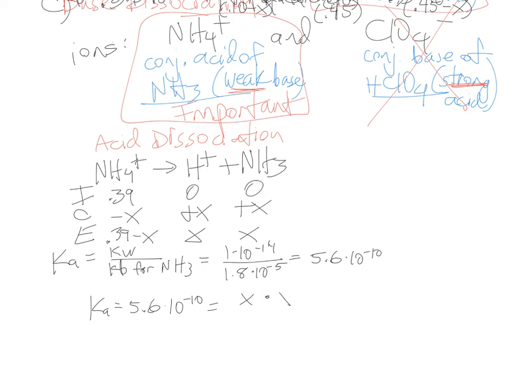We'll take product concentrations at equilibrium all over reactant concentrations at equilibrium. And because of the size of this K value, we're guaranteed to be fine when making the mathematical assumption that the quantity 0.39 minus x is roughly equal to 0.39.